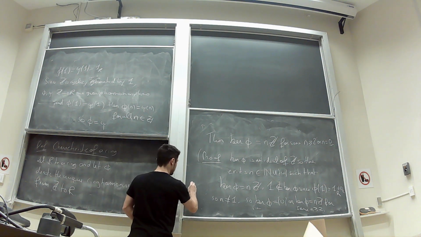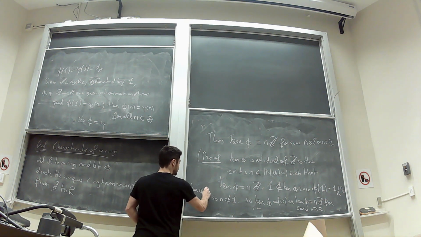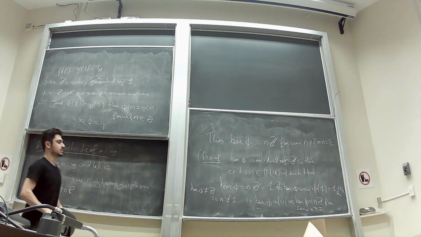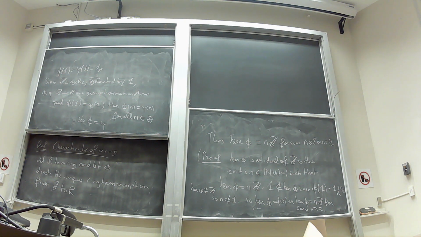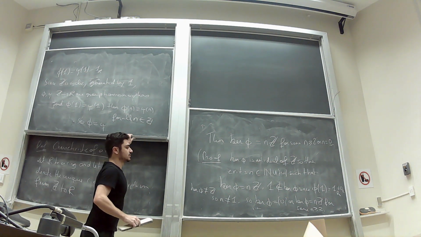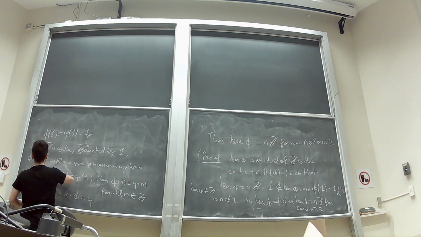Okay, so the kernel of phi is different than Z. So n is different than 1. So the kernel of phi is equal to 0, or the kernel of phi is equal to nZ for some n bigger or equal to 2. Great.